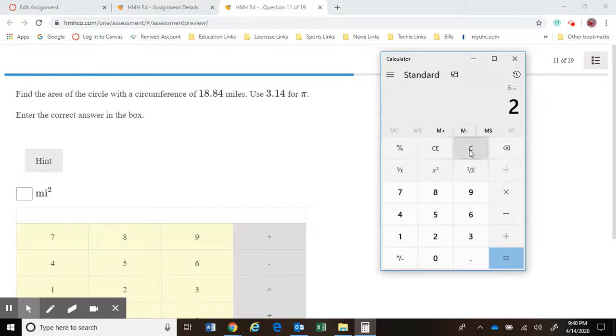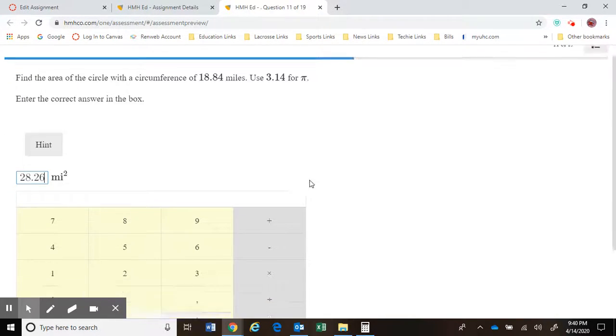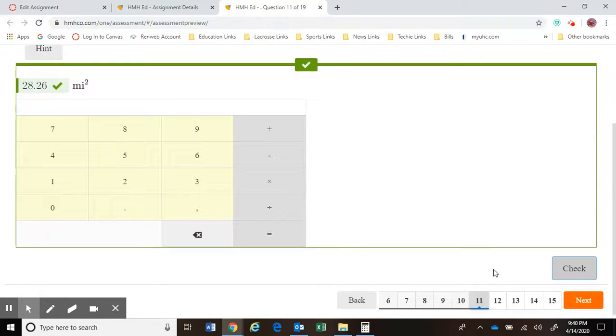And again, you should be writing this down, but this is why I'm doing rapid fire on these. There's my radius. So now pi r squared, right? Find the area. 3 times 3 times 3.14. There's your answer, 28.26 miles squared. All right, check it.